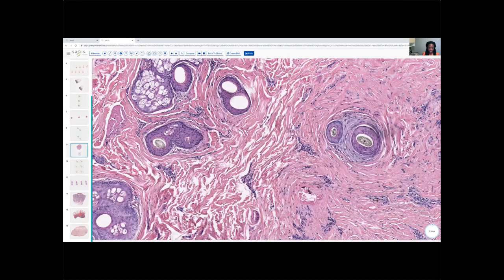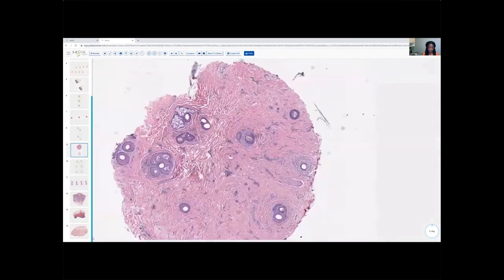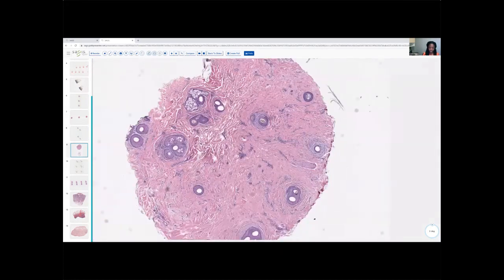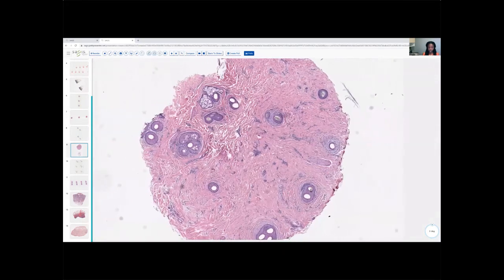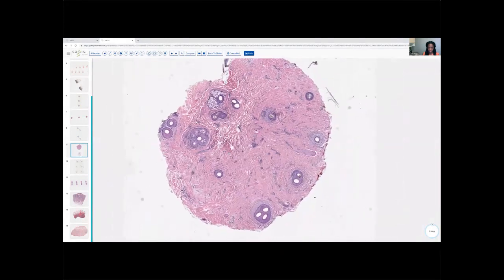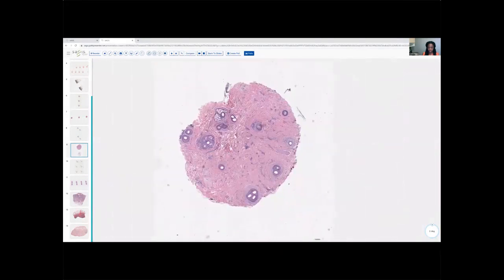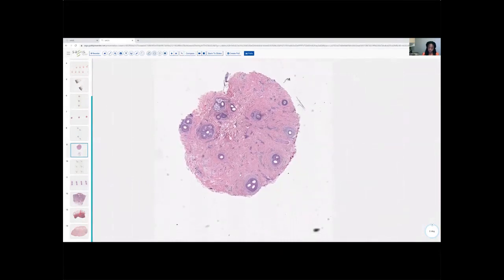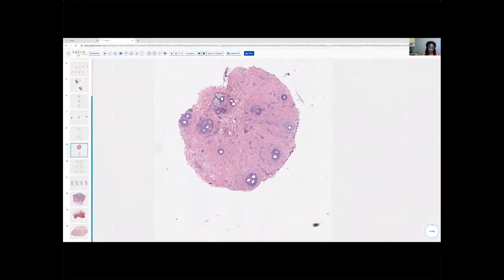That is desquamation of the inner root sheath. Okay, so that's an example of desquamation of the inner root sheath. Well, we can accept that. This is an example at the isthmus. So the inner root sheath starts to break down at the isthmus. So in this section, that is not diagnostic.